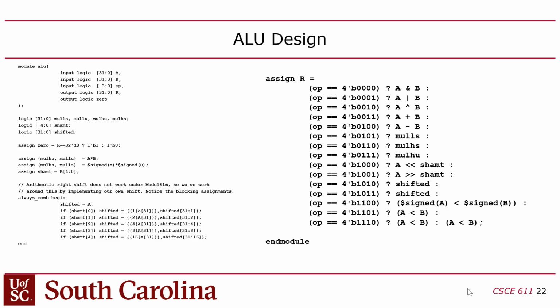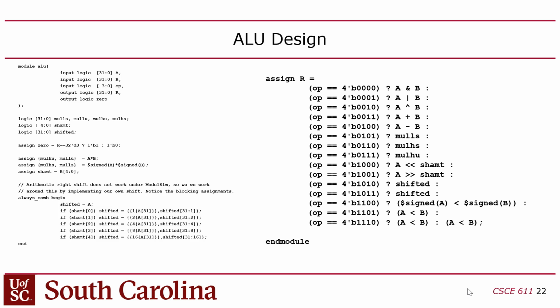So notice what we're doing here is we're using blocking assignment statements in this always block. We set A to be shifted, so A goes into shifted, and then we check bit 0 of the shift amount. If that's set, then we shift by 1 bit.